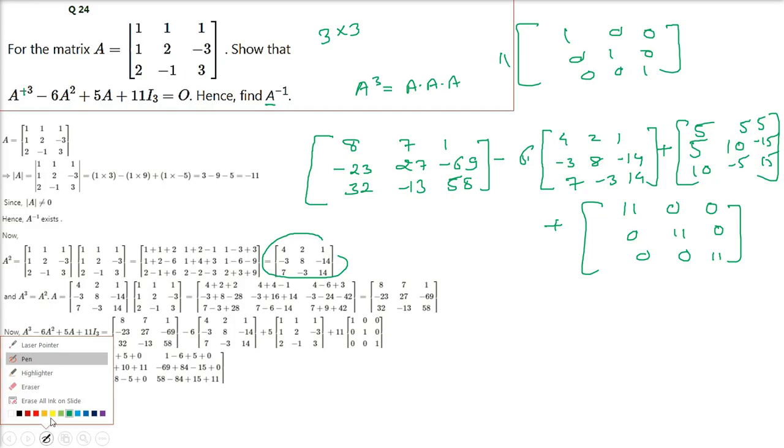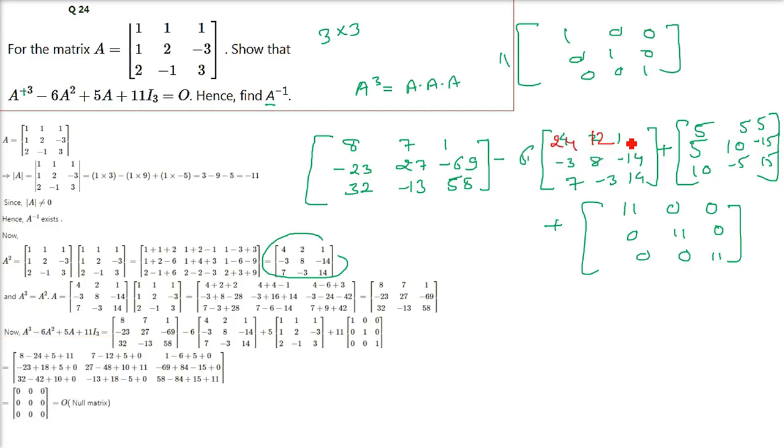So I'll just show you how to multiply this by 6. 6 into 4 is 24, 6 into 3 is 18, 6 into 8 is 48, 6 into 14 is 84, 42, 18, again 84.